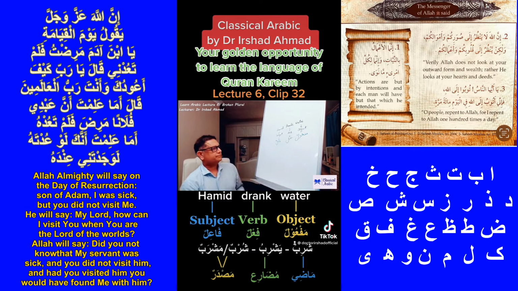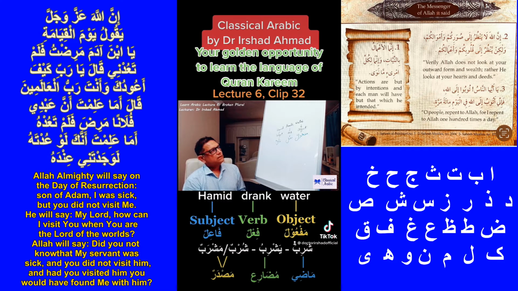maf'ulun. Okay, so now if we replace Hamid with a generic word which means drinker, drinker drank water, for example, drinker as in drinking anything, not drinker as in alcoholic, but drinker drinking something. Okay, so we can do that in Arabic and perhaps in English as well.